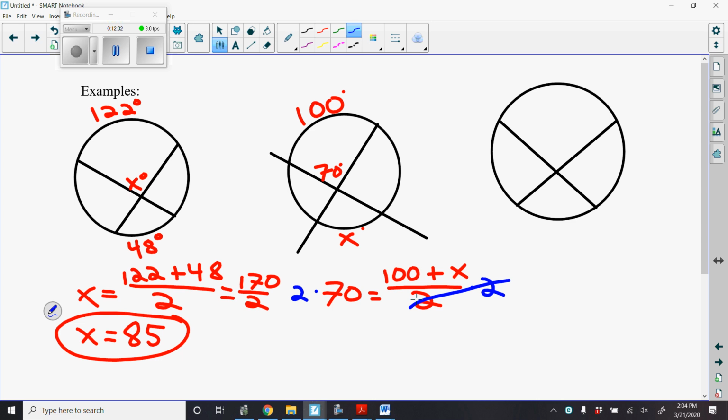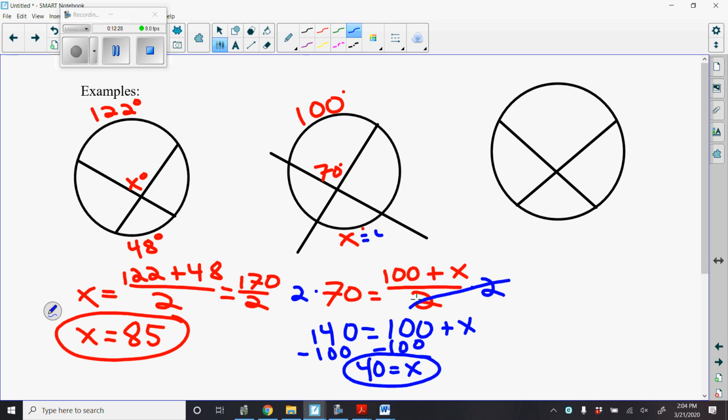And I get 2 times 70 is 140 equals 100 plus x. Now I can solve for x by simply subtracting 100 from both sides. And I get x equals 40.